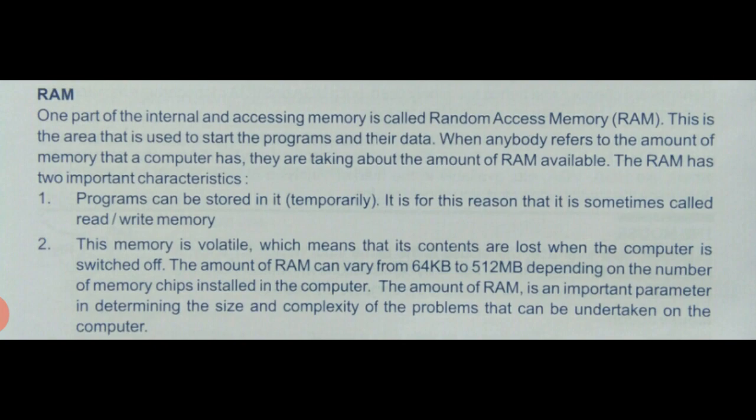The RAM has two important characteristics. See, RAM has a size in MB or in GB, that depends on our need. Whenever we think about the internal accessing memory, that is RAM, this is the area that is used to start the programs and the data.